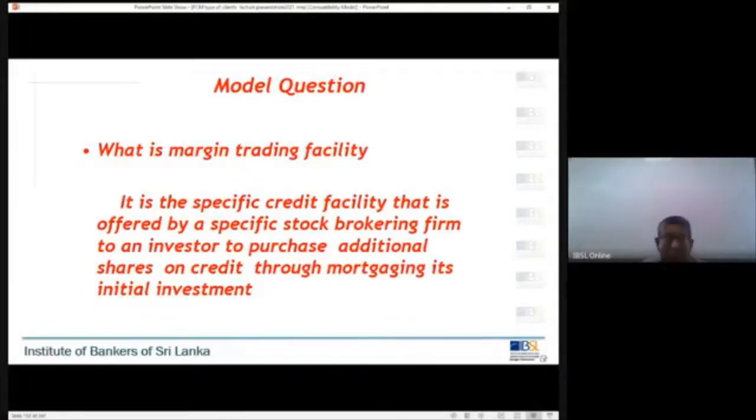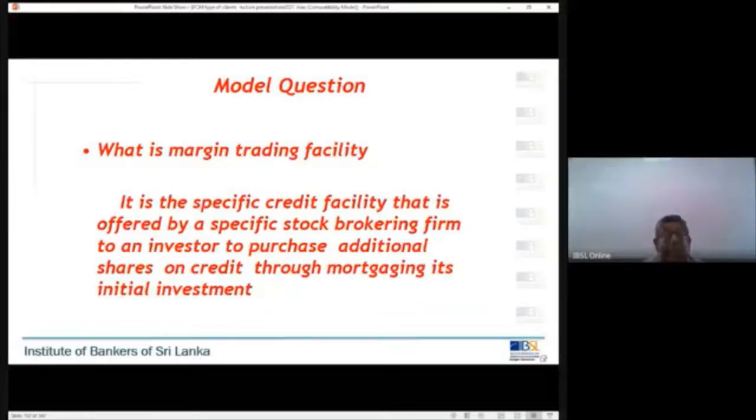It's what you call the margin trading facility. Now you understood what a margin trading facility is, right? Somebody is giving me a loan to purchase stock. That sort of loan facility or credit facility, we call a margin trading facility.